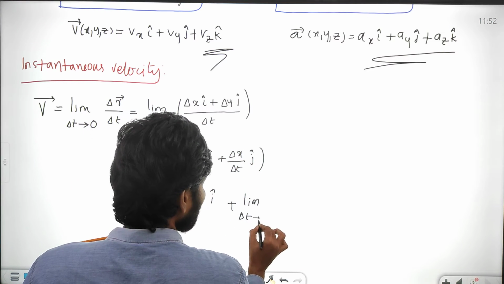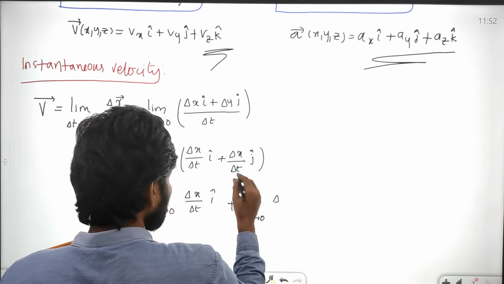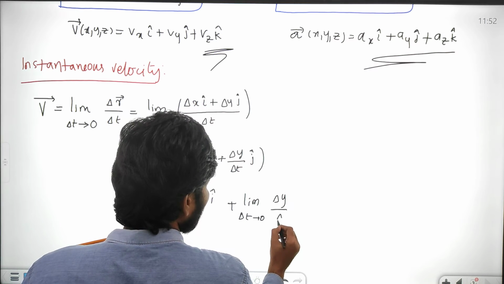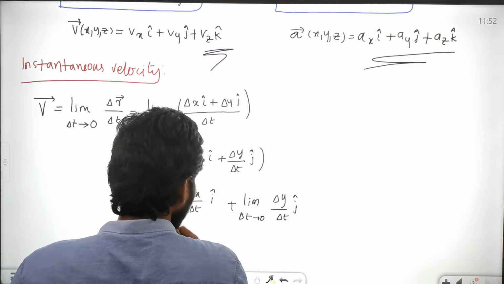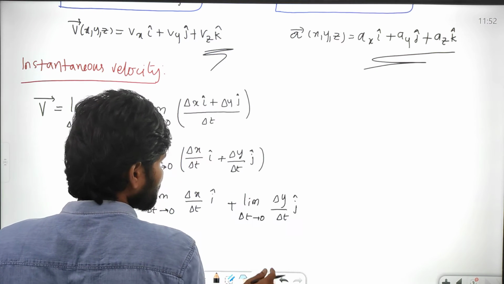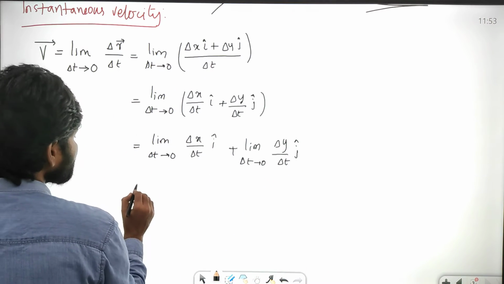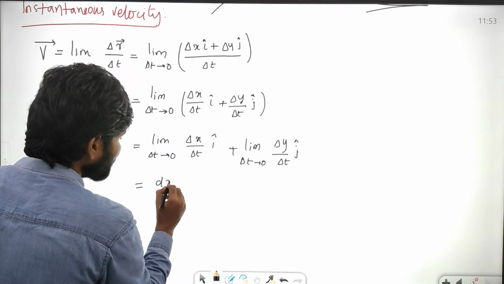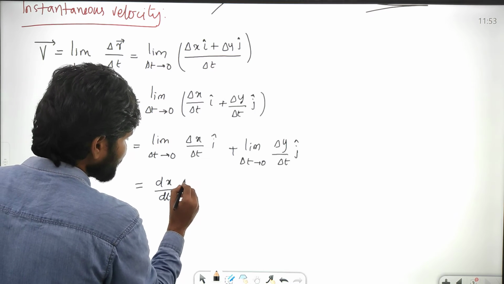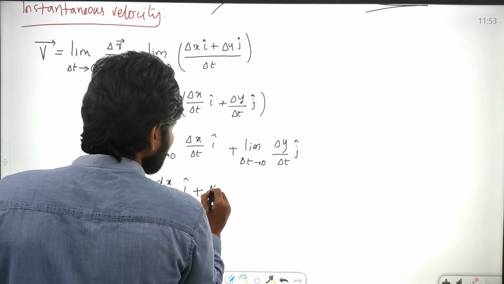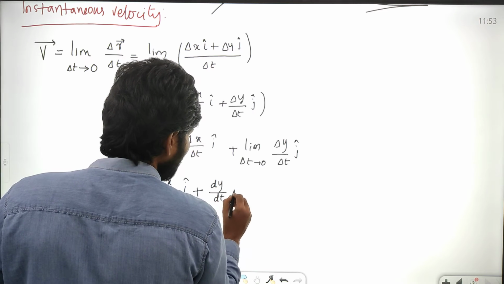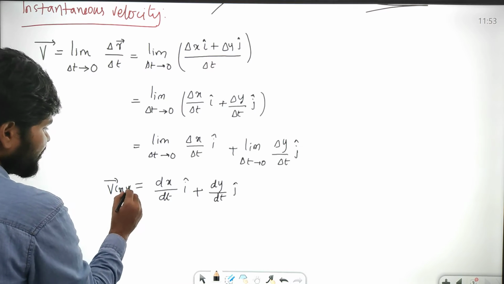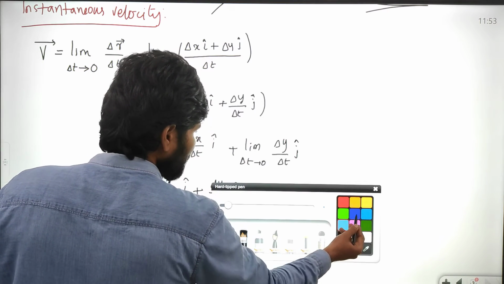Finally, if the limit operates on the delta, it transforms to dx by dt i cap plus dy by dt j cap. So this is the instantaneous velocity definition in the 2-dimension plane.